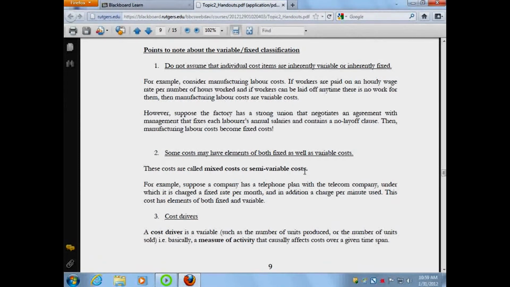So now you're being given some additional information. You were told that out of the 40 million, a 10 million component is fixed. FC always means fixed cost. And then another 30 million is variable. Okay, so some additional information that we didn't have before.